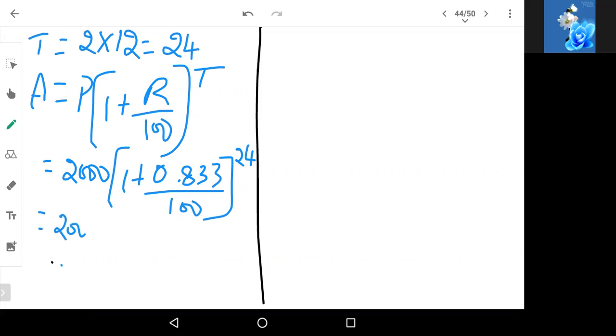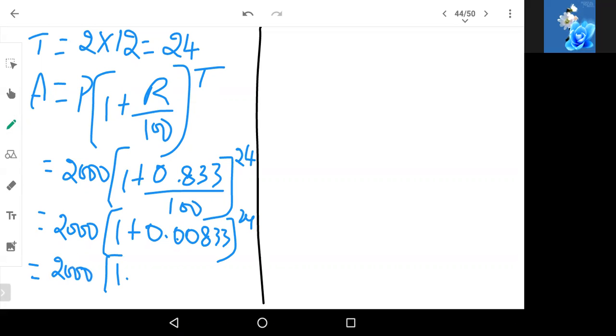So 2000 into 1 plus 0.00833 to the power 24. So 2000 into 1.00833 to the power 24.